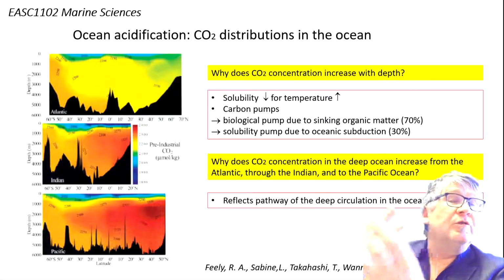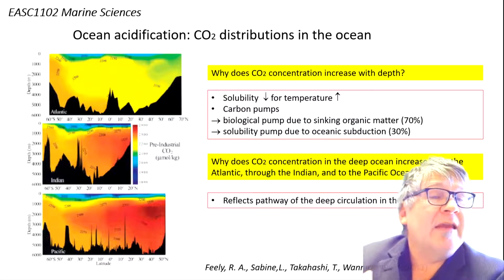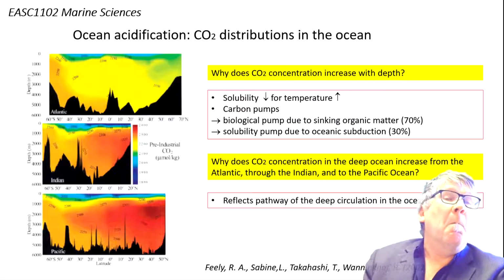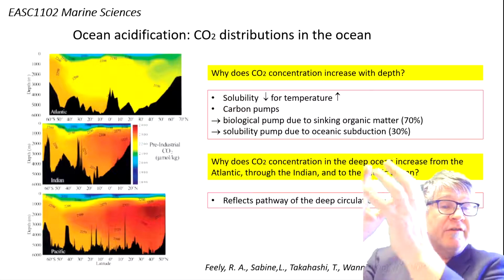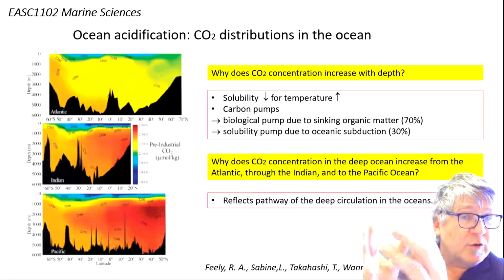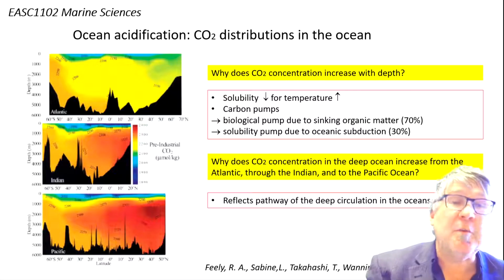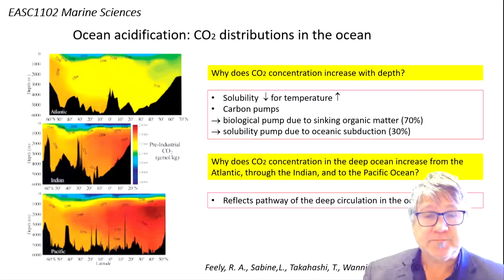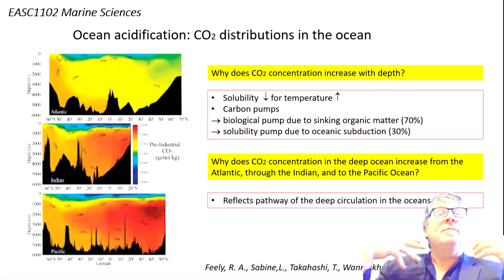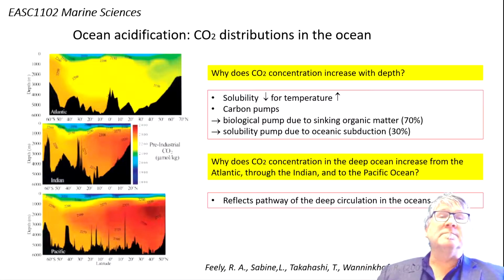CO2 from the atmosphere. Cold water can store more CO2 compared to warm water, and then you have a transport mechanism that moves this water into the deep ocean, the thermohaline deep circulation. You learned about the deep circulation. You know where it starts, you know where it ends.